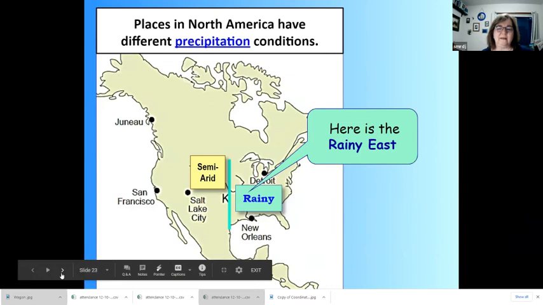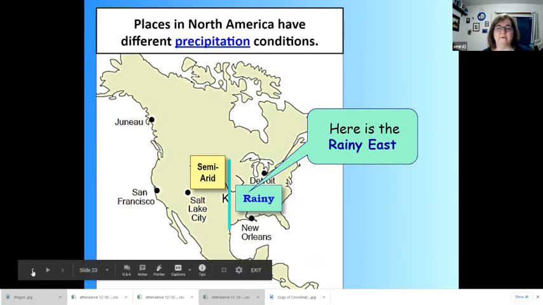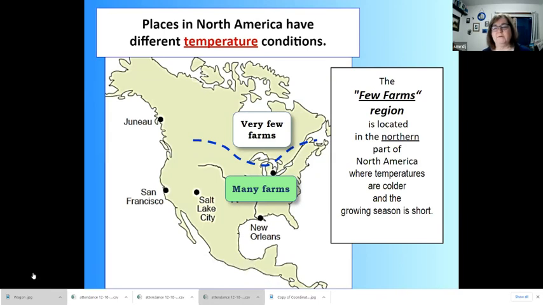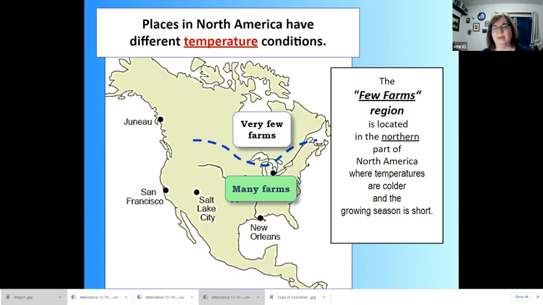Temperature, the kids get a whole lot quicker. At least I found they did, because we've talked about it in all of our previous lessons. So they understand that the temperature makes a difference with growth of products and what kind of natural resources you end up having as far as trees and greenery. When you get to precipitation, they have a little bit harder time knowing.